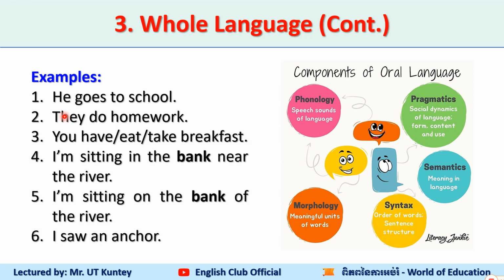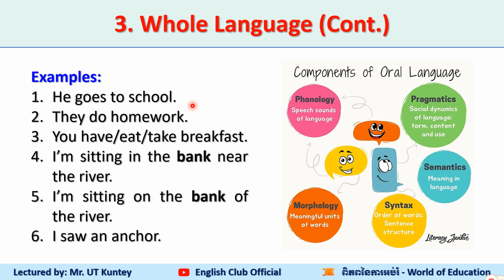So look at the first example. He goes to school. When we talk about he goes to school, what can you see in this sentence? It has subject plus verb and so on, right? And you also look at this one, the word go.